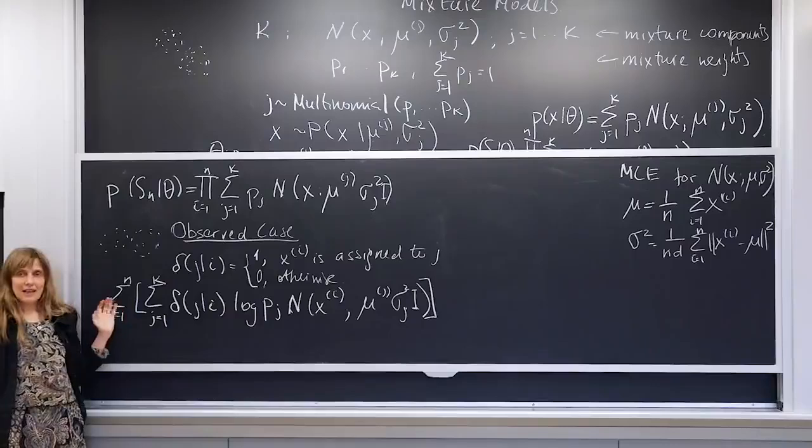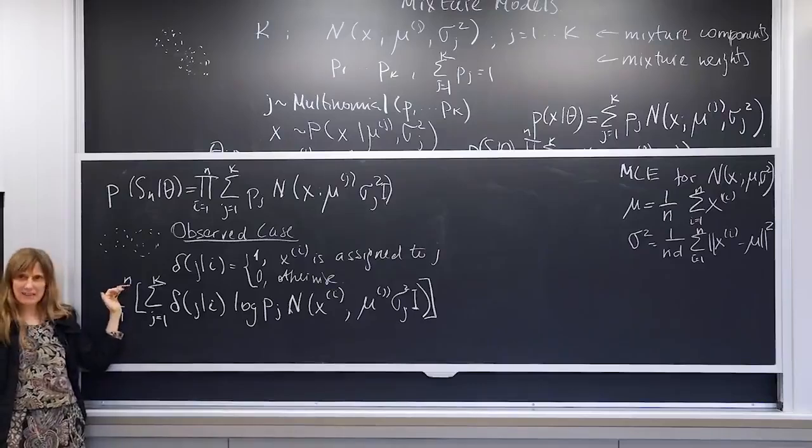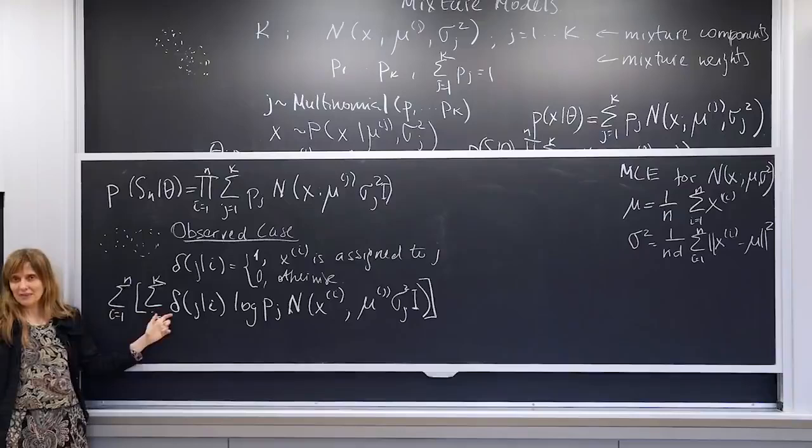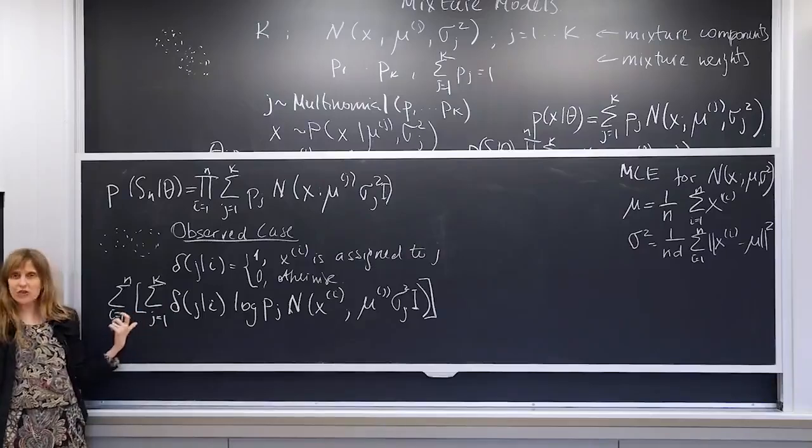Okay, and now I am going to change this summation. In this summation, you see we go through all the points, and then for each point we find the relevant cluster and sum up the expression. What I can do here is switch the two.